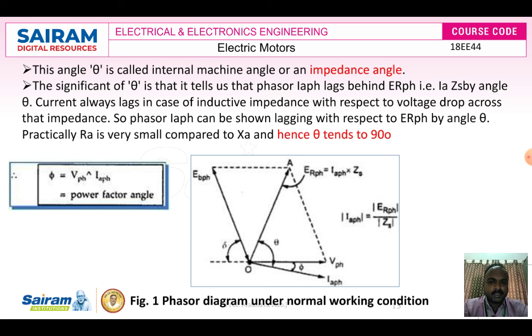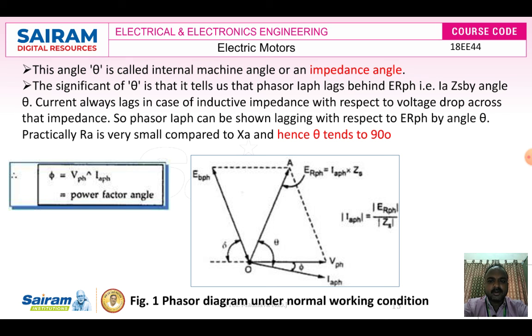The significance of theta is that it tells us the phasor IAPH lags behind ERPH, that is IA into ZS, by the angle theta, as you can see in this figure. The current always lags in a synchronous motor since both the stator winding and the rotor winding are inductive in nature.